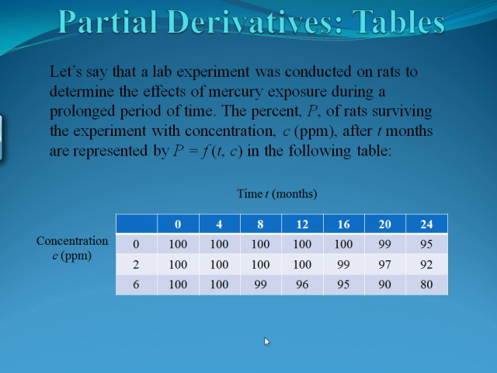And that's given in the following table. So again, the way we're going to read this table is if we pick some value in the middle, say here. This says 16 months, and the rat was exposed to 2 parts per million, and 99% survived. Again, these middle values are the percents of surviving rats. Time is across the top, concentration is down the side.